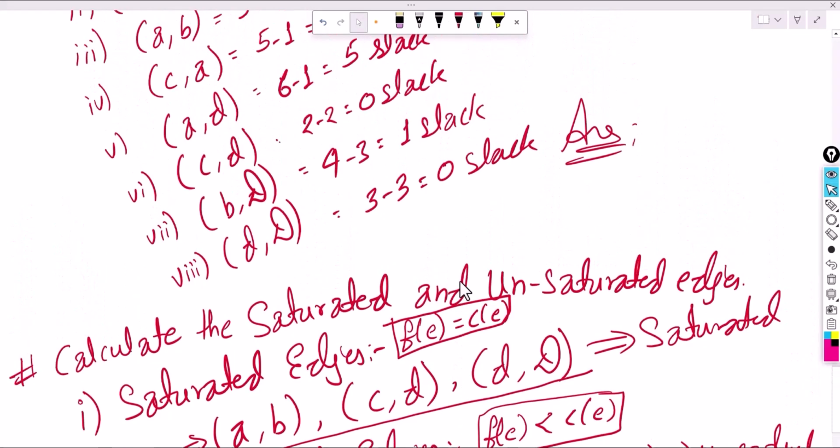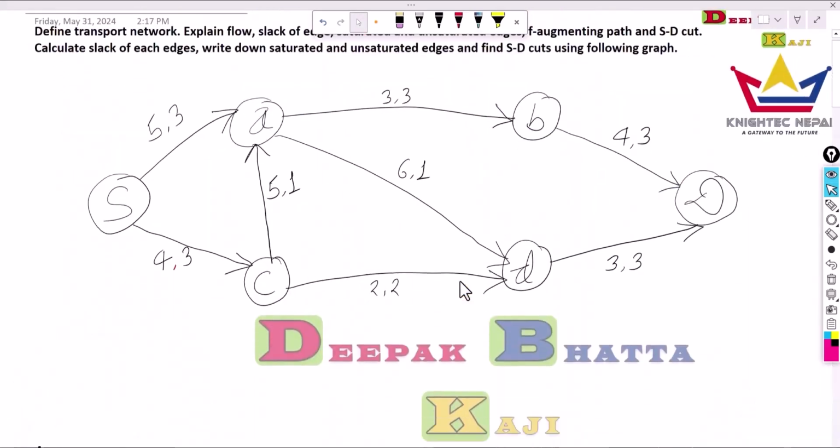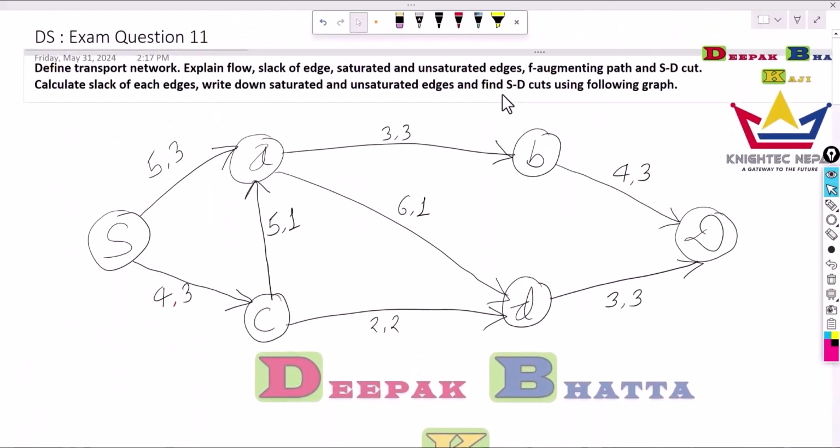So move on to the next part, the cut part. Find S to D cuts using the following graph. So we need to place a cut. Cut means, as I already told you, vertices can be grouped into two disjoint sets. One group will contain the source, and the other group will contain the destination. So this part is the source part, and this part is the destination part.